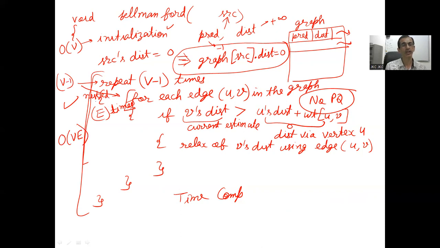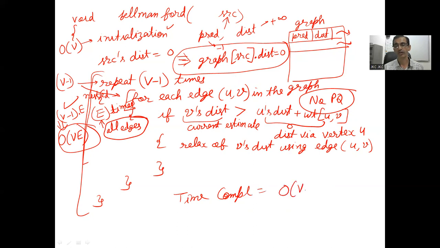V minus 1 into E effectively means order of VE, because for each repetition, for each pass, all edges are being considered. So there are E edges in the graph. So my total time complexity is straight away order of VE.